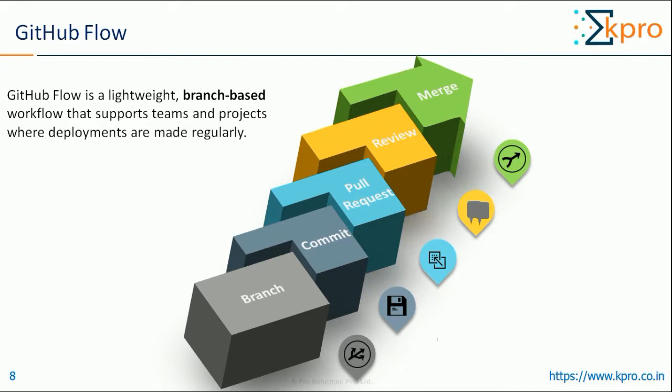The activity involves 6 phases: creating a branch, committing modified code, pull request, which is a kind of raising a review request, reviewing the code, and merging the code to the main branch. Don't worry if you don't understand these terminologies. I will be explaining this in detail in further slides.